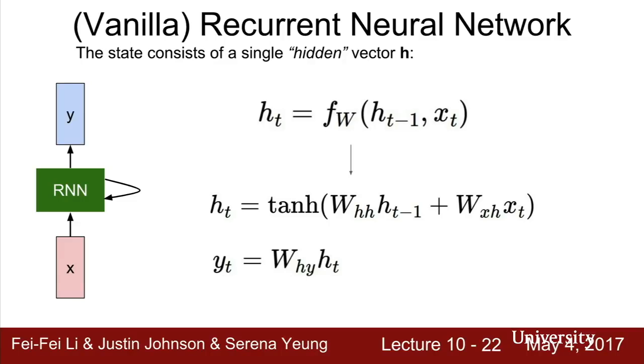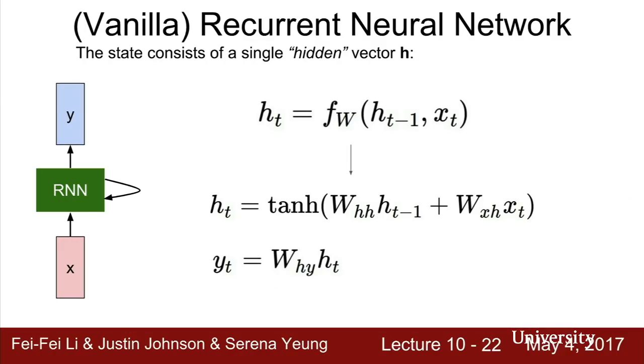You might wonder why we use a tanh here and not some other nonlinearity, after all we've said negative about tanhs in previous lectures. I think we'll return to that later when we talk about more advanced architectures like the LSTM. In addition, if we want to produce some y_t at every time step, we might have another weight matrix that accepts the hidden state and transforms it to some y, producing maybe class score predictions at every time step.